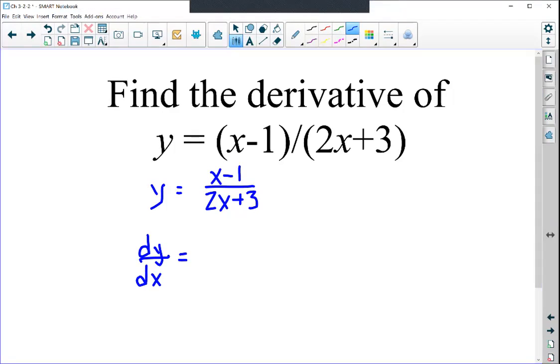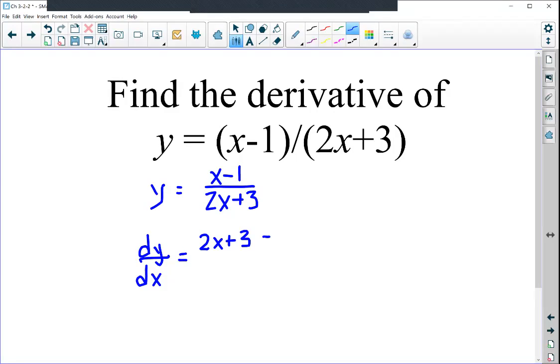Take the denominator times the derivative of the numerator. And what is the derivative of x minus 1? 1 minus the numerator. I want to be careful here because the numerator is in parentheses. Times the derivative of the denominator. What is the derivative of 2x plus 3? 2. All over the denominator squared.